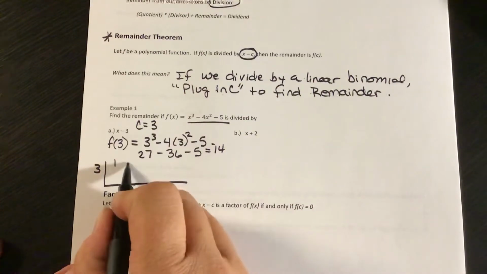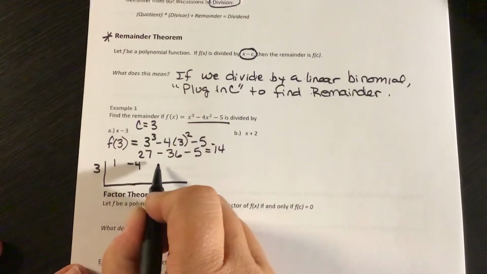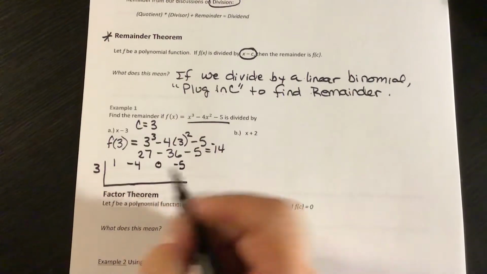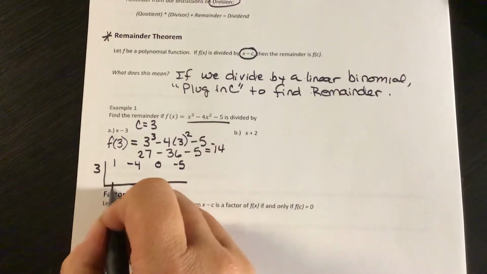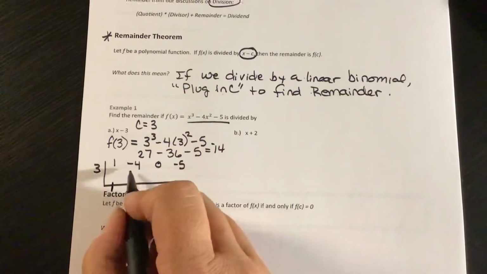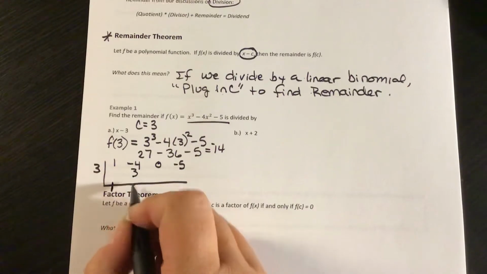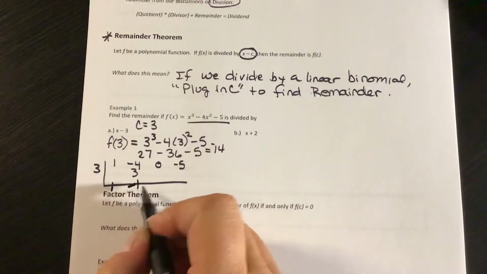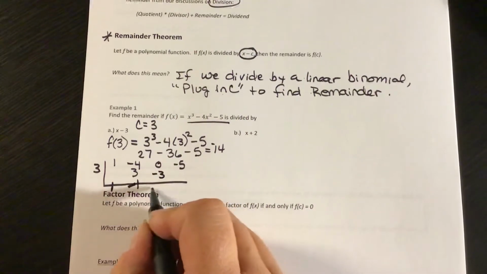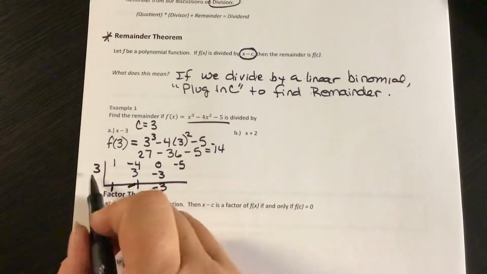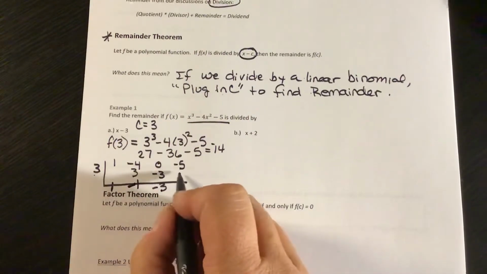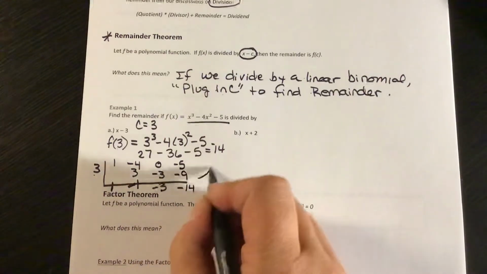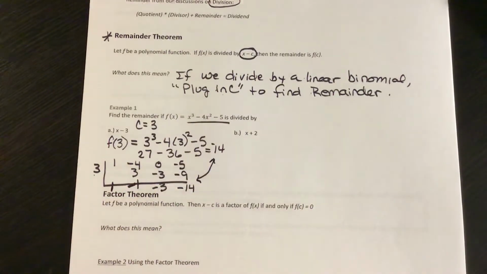So I have a 1, a minus 4 for x squared, 0x, and minus 5 for my constant. If I bring down the 1, I get 1. 3 times 1 is 3. Add down, I get negative 1. 3 times negative 1 is negative 3. Add down, I get negative 3. 3 times negative 3 is negative 9, and I add, I get negative 14. So this is just showing that this is the same thing.